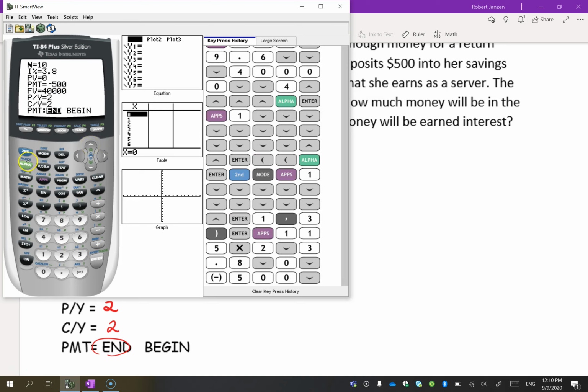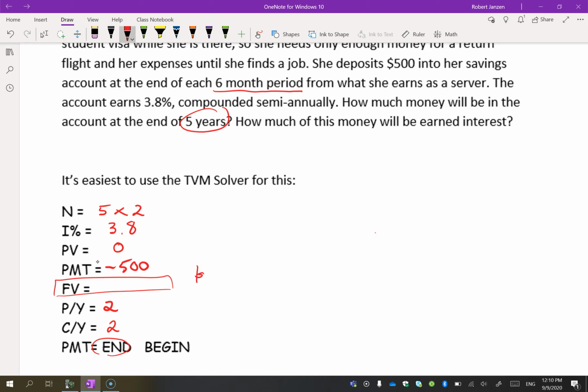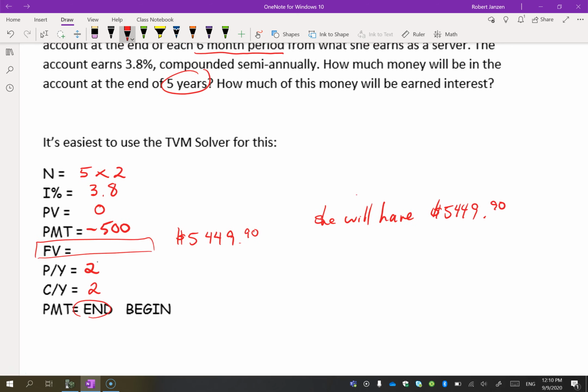Okay, so we want final value, alpha, enter, and it says we're going to end up with $5,449.90. Okay, so we'll say she will have $5,449.90. Okay, that's first part done.